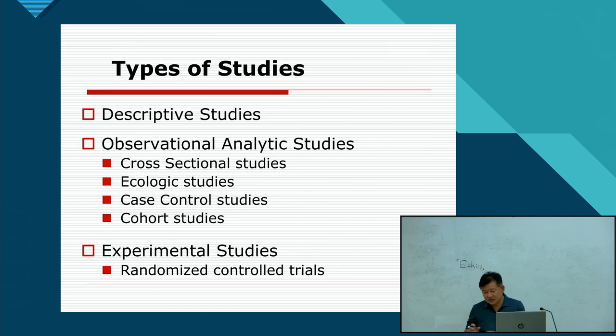The B group gets different tools, and then we just observe them and see what the difference is between A and B groups. It is cross-sectional studies, means cross-sectioning, and ecologic study, case control study, cohort study. These are some examples of observational analytic studies.